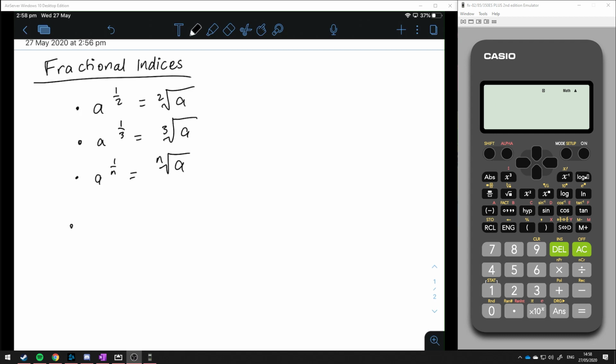Let's say we have a to the m over n. So it's some fraction like 3 on 2 or 4 on 5 or something like that. We can change this around even more, using some of our rules. This is a to the power of m divided by n.